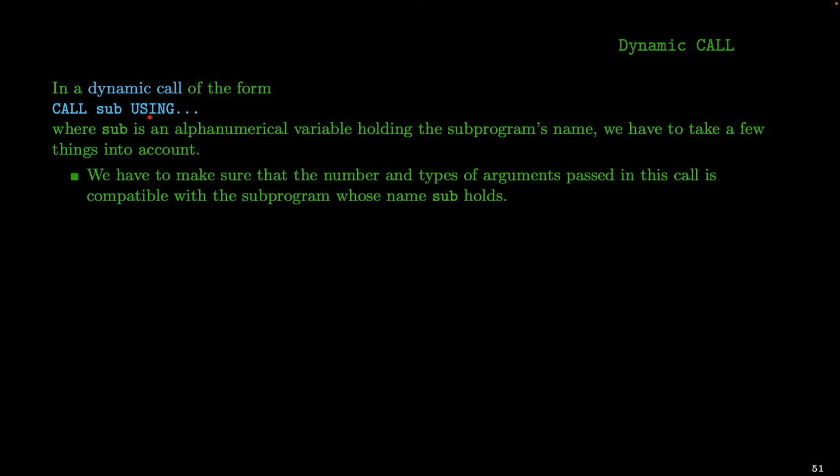First, when we have this kind of call, we need to make sure that the arguments we write into the using clause here match whatever function name is stored in this variable here. So we should not put a function name or a subprogram name in here that has a different number of parameters than the ones that we list in the using clause here.